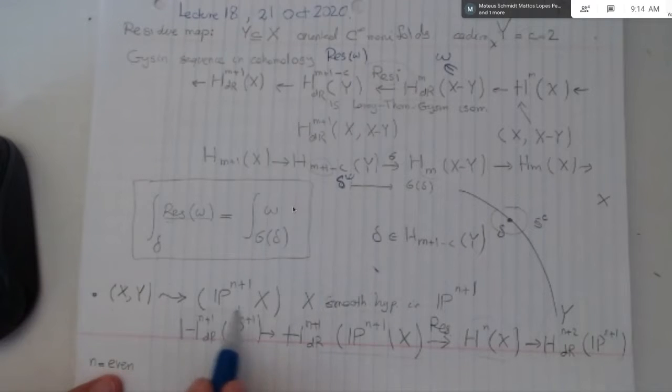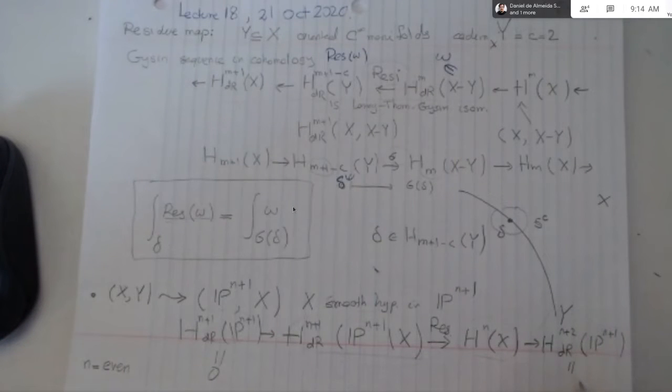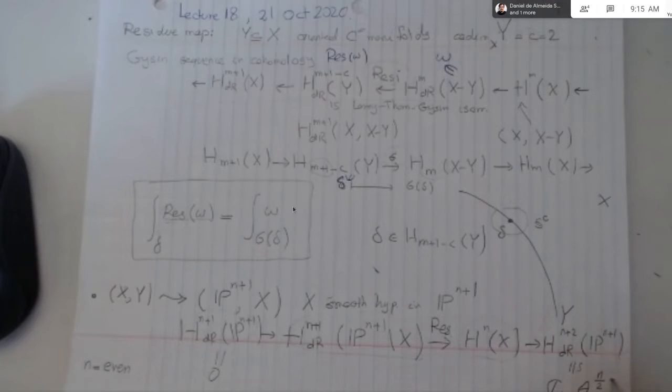So when n is even, this cohomology is 0, and this cohomology is one-dimensional, and this guy is generated by what? Let's work over complex numbers. This is generated by theta^{n/2+1}. Remember that theta was the generator of the cohomology of the projective space.